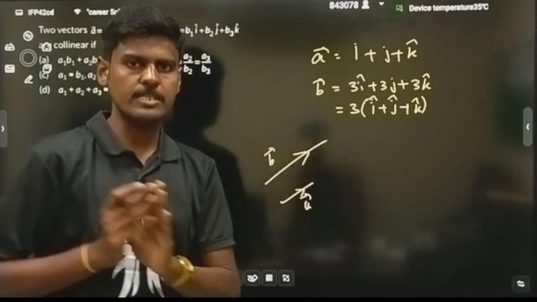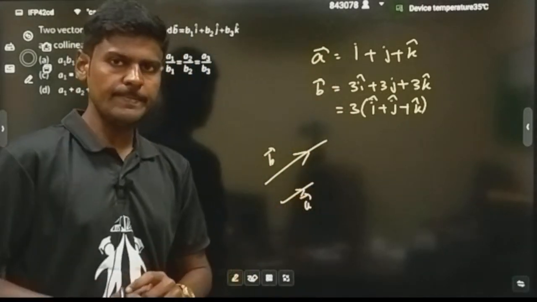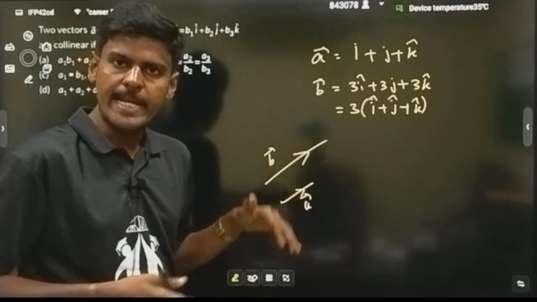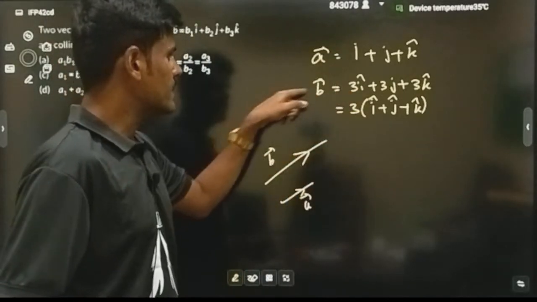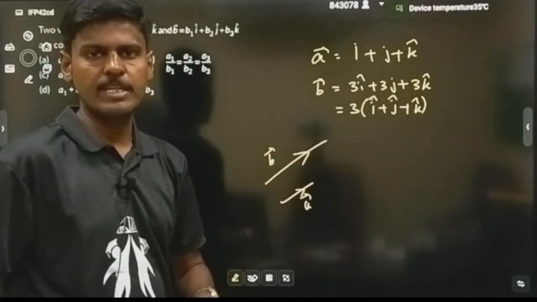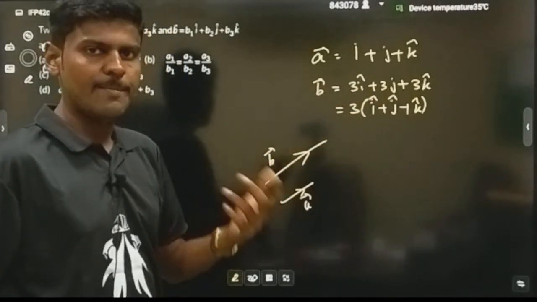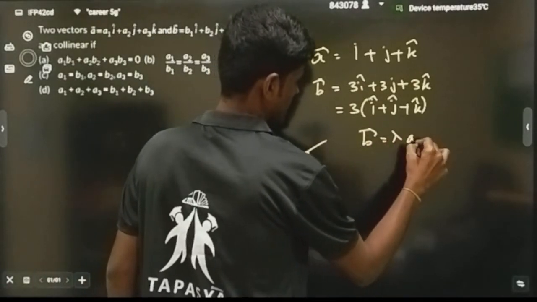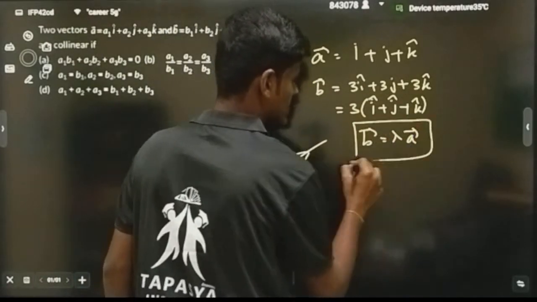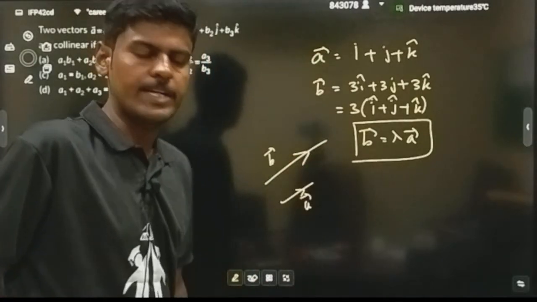Are these two parallel vectors? Yes. So what is the difference here? Only the magnitude will vary, direction will remain the same. As only the magnitude varies, we can write this as some lambda times of this vector. A vector is equal to lambda times of B vector, or B vector is equal to lambda times of A vector. This is the condition for parallel or collinear vectors.